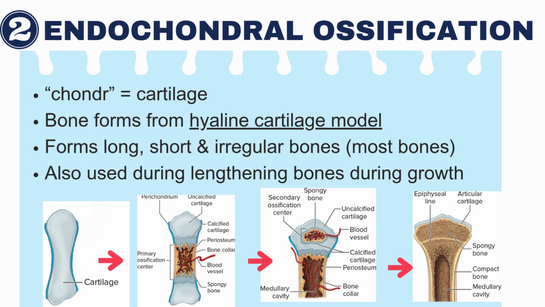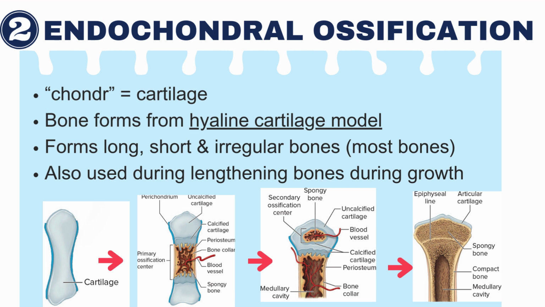The cartilage model grows, cartilage cells enlarge and die, and osteoblasts that form from the perichondrium gradually invade and replace the cartilage with bone matrix. Endochondral ossification is used to make long, short, and irregular bones, like the femur, humerus, and phalanges.